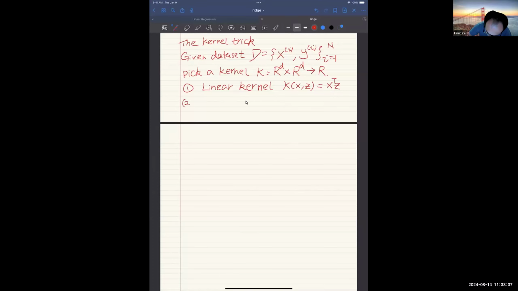You can take the polynomial kernel. You have to specify the degree: all polynomials up to degree k.